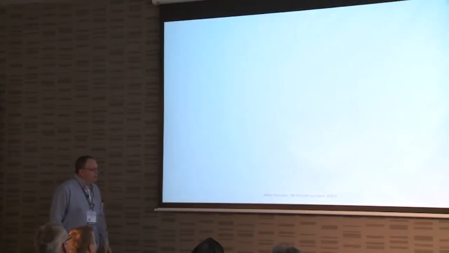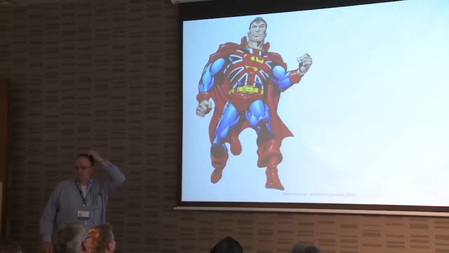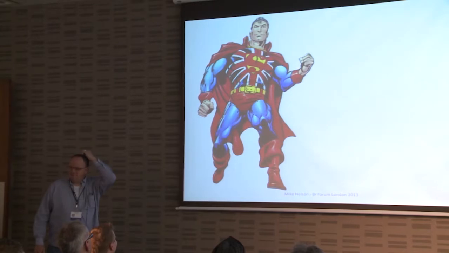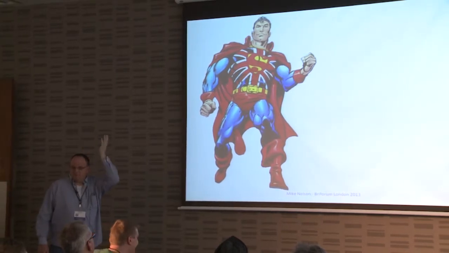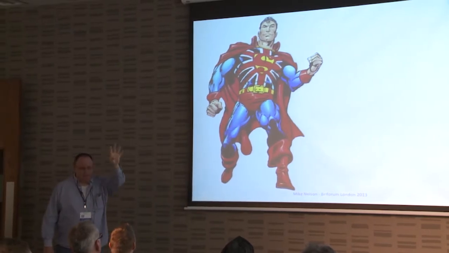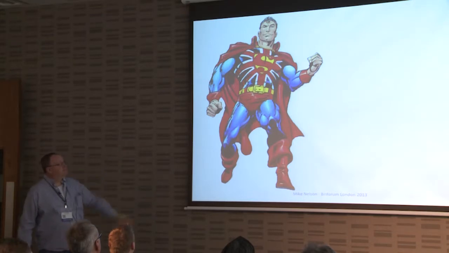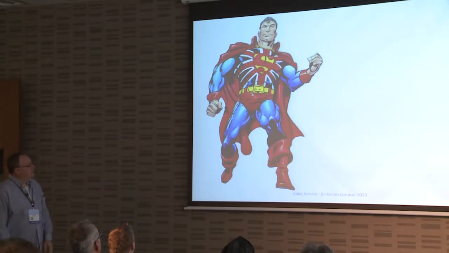But I Googled for Britain superheroes, and they came up with this guy, Captain Britain. They actually had a comic book cover that said Captain Britain. And that's what he looks like, and that's what he was in the comic book.